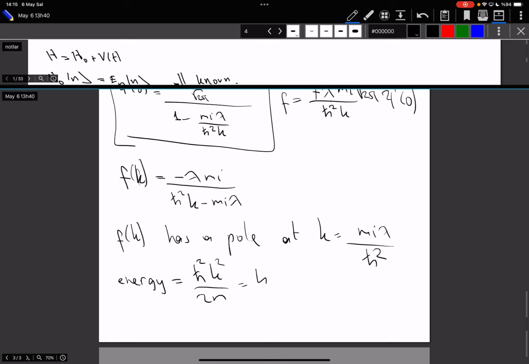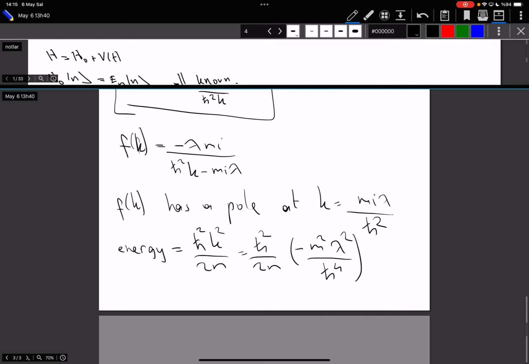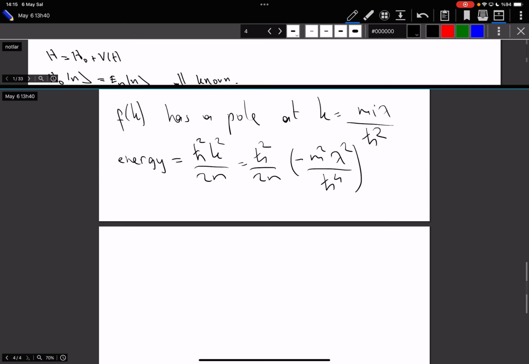So this is h bar squared over 2m times minus m squared lambda squared divided by h bar to the 4, which is minus m lambda squared over 2 h bar squared. This is the bound state energy.